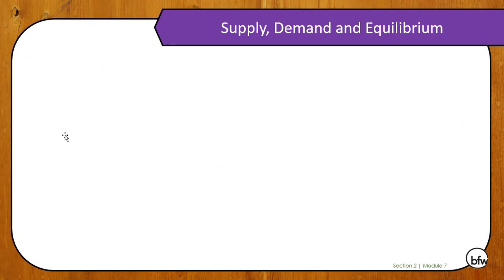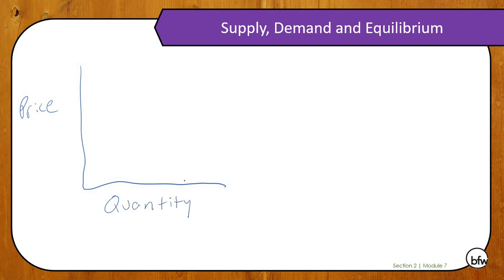Alright, now supply and demand and equilibrium is going to look like this, and we drew this in class. So this should be a review. We've got our price on the y-axis, quantity on the x-axis, and we've got our supply 1, demand 1, and this point right here in the middle is going to be our equilibrium point.